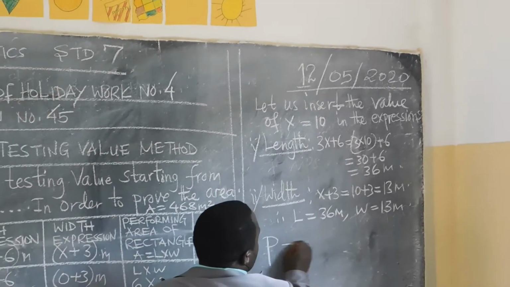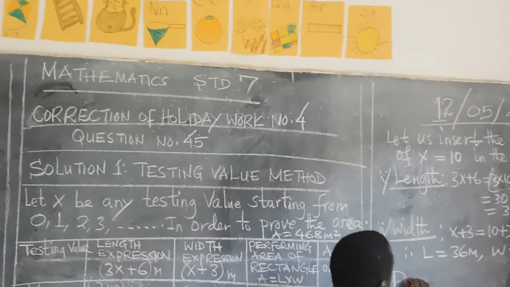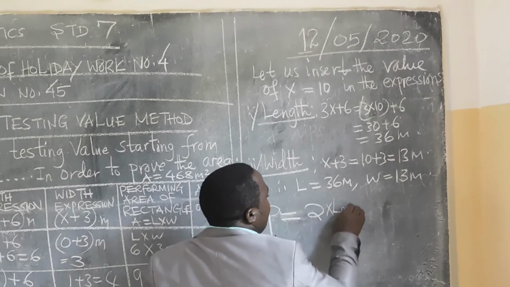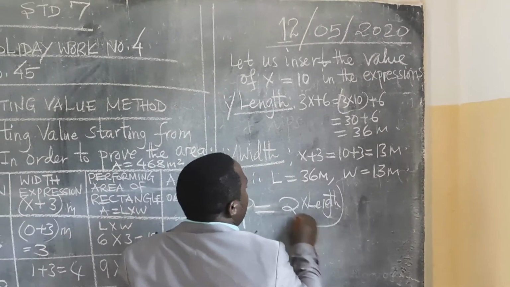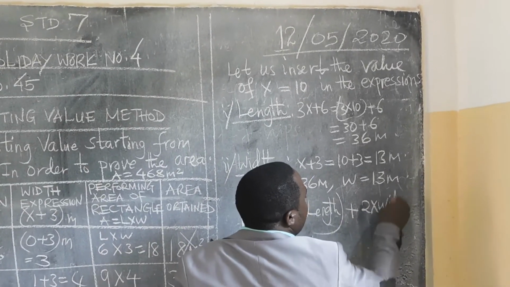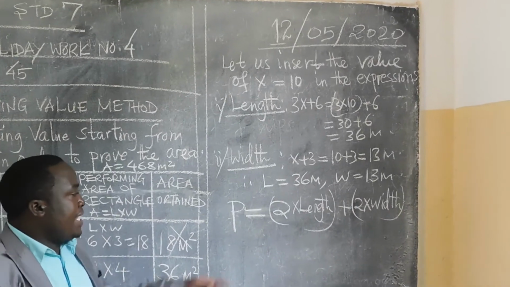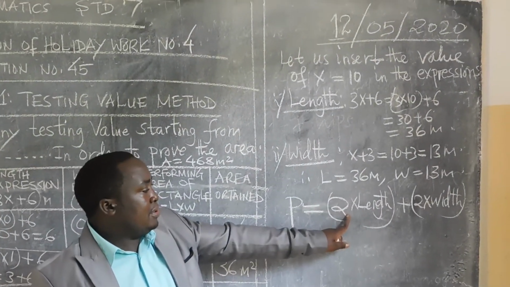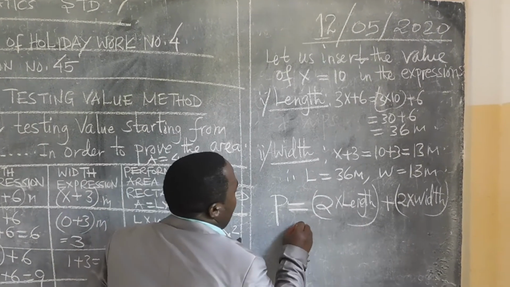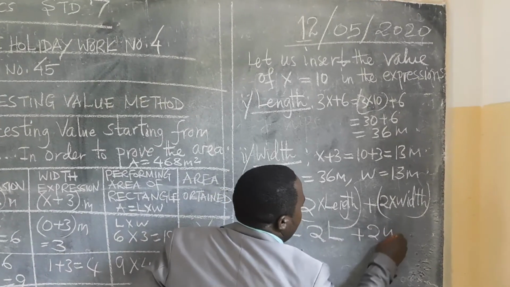The perimeter of the rectangle is to take 2 times the length in the bracket plus 2 times width. Therefore, we shall have 2L plus 2W.